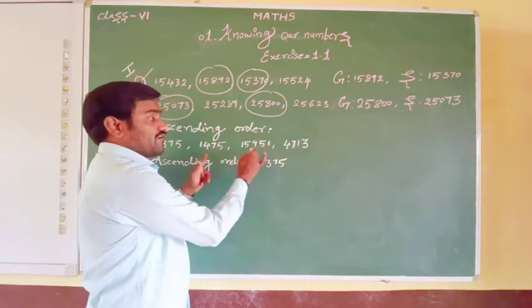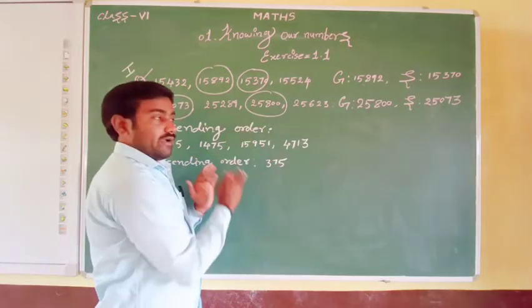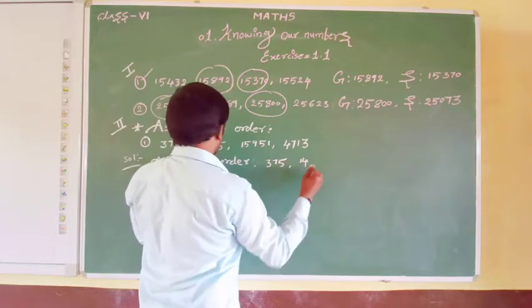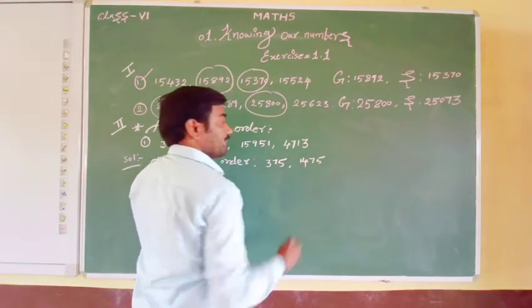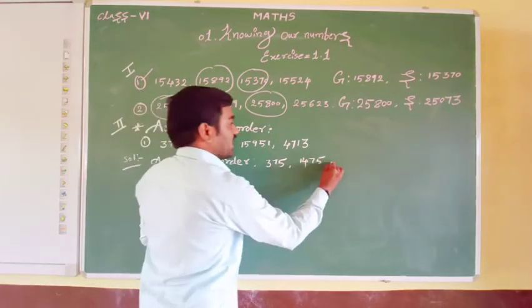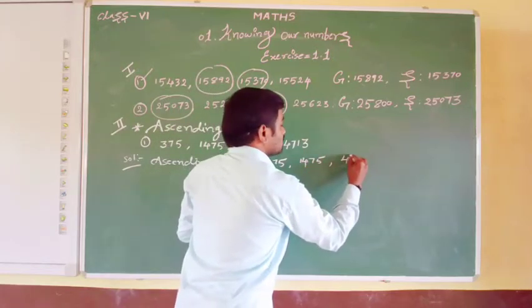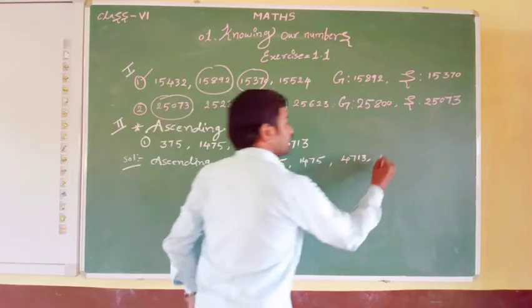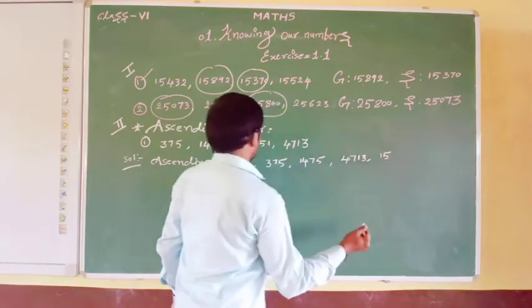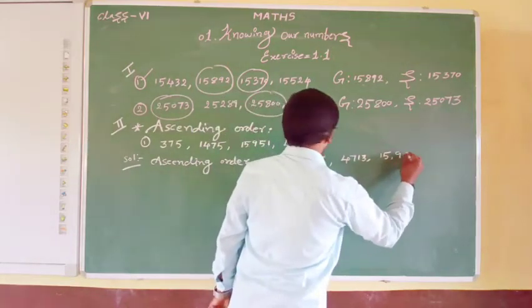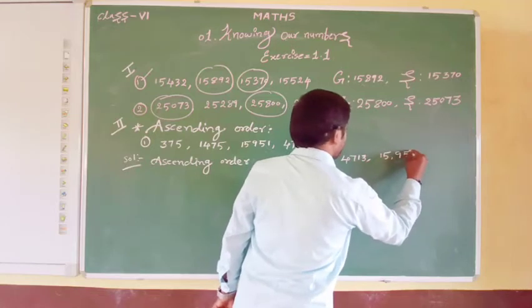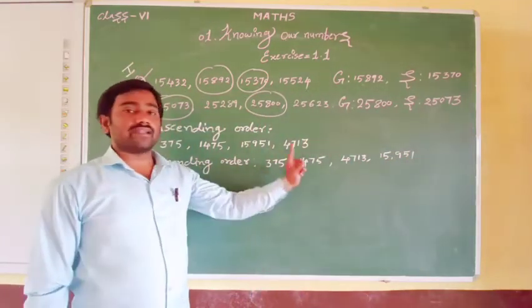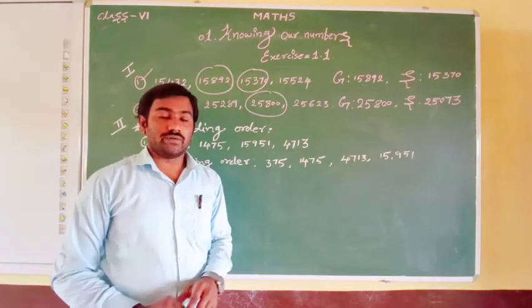Among these, 15,951 is the greatest number. So the next one comes here, 1475. Next we go for 4713, and next we go for 15,951. So now I have arranged the given numbers in the ascending order.